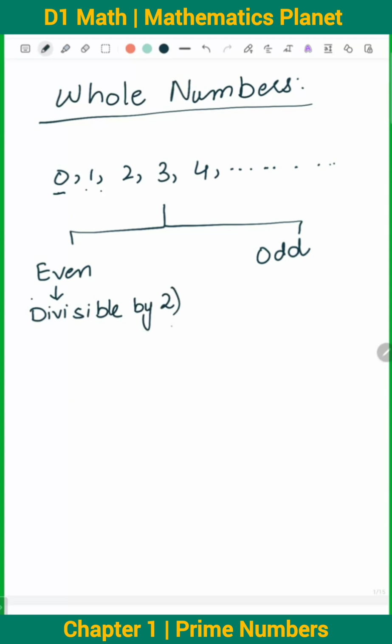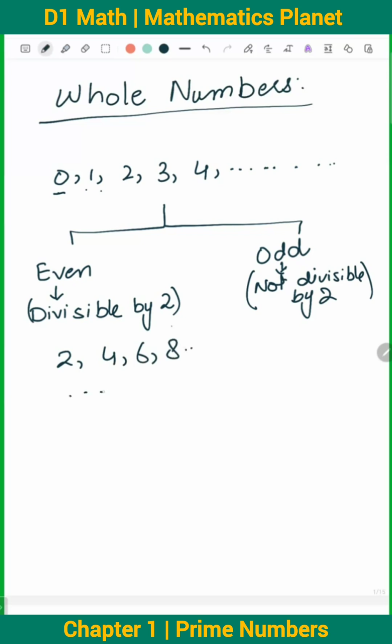Numbers which are not divisible by 2 are called odd numbers. So from the whole numbers, we have 2, 4, 6, 8. All of these numbers are even numbers. Then 1, 3, 5, 7, which cannot be divided by 2, are odd numbers.